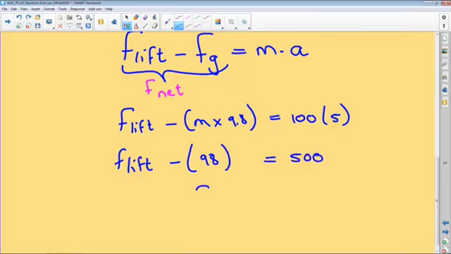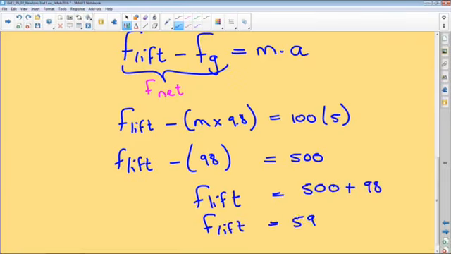So again, bring all the terms that are like together. I'm going to go 500 plus 980. So my lift force here should be 1480 newtons. And there we have our problem solved.